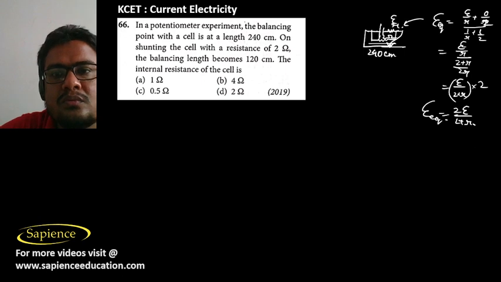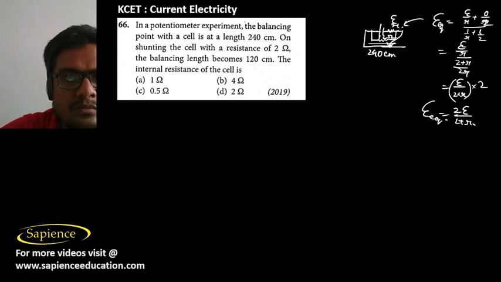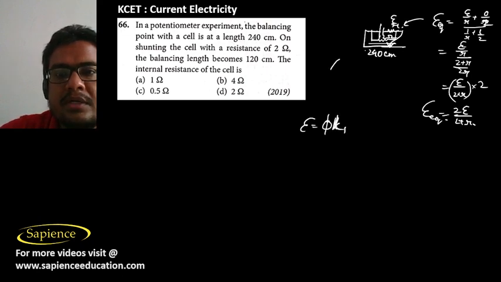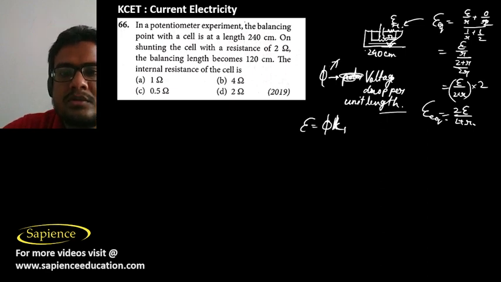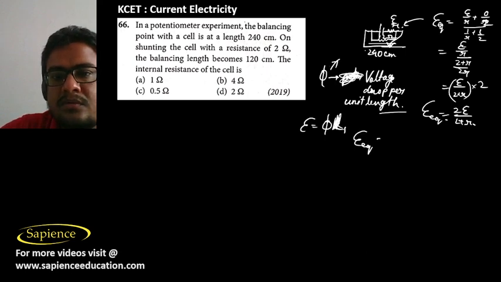When the cell is not shunted, we can say that E will be equal to phi into L1, where phi is the potential drop, the voltage drop per unit length in the potentiometer wire. The equivalent is phi into L2.